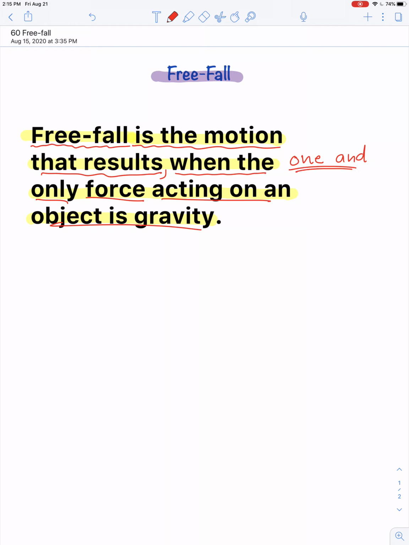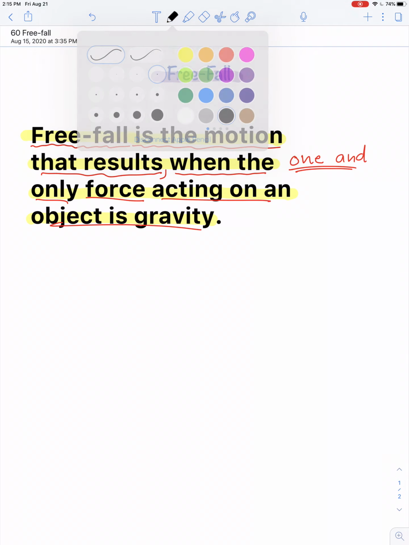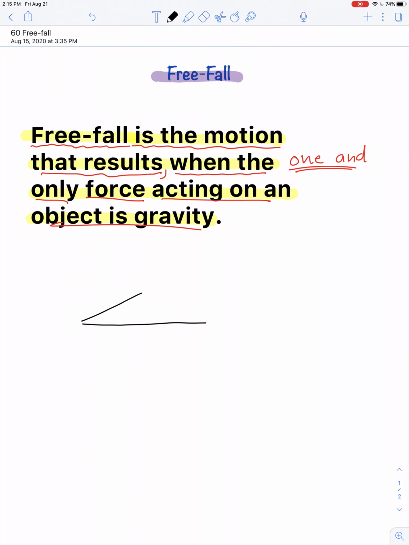So for example, if a block is sitting on top of a desk, well, certainly gravity is acting on that block. There's a force of gravity, which we can represent just as a downward arrow.